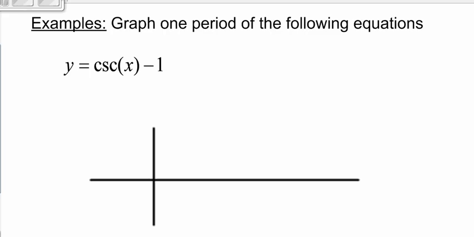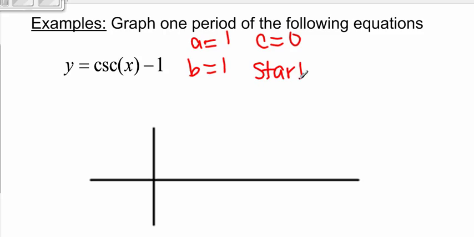Okay, so on this, I'm still finding all my pieces. I'm still finding A, which for us is 1, and B, which is also 1, and C, which is 0 here. We don't have a C at all, which means we don't have a phase shift, but I'm still going to use the start, which for me, since there's no shifting going on, is 0.